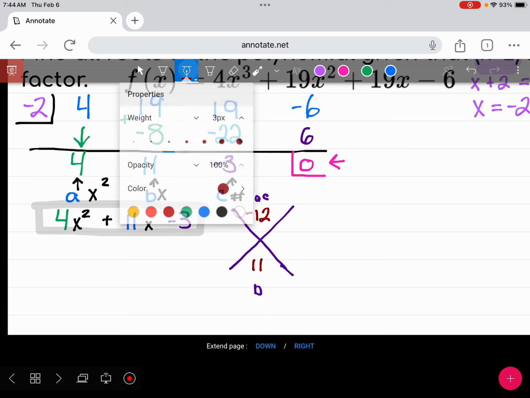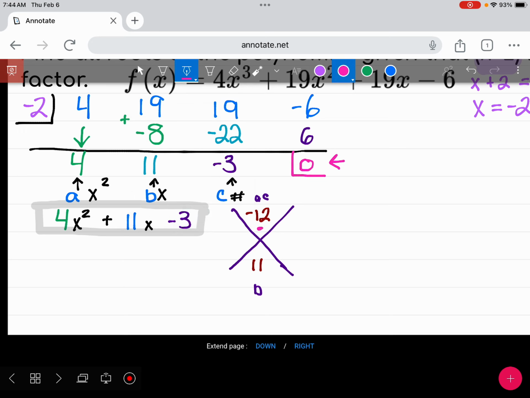So I need a pair of numbers that's going to multiply to make negative 12 and add to make 11. 12 and negative 1. If that's a spot where we struggle to find a piece, because that is sometimes where we struggle, make a list of things that multiply to make the top. So 1 and 12, 2 and 6, 3 and 4.